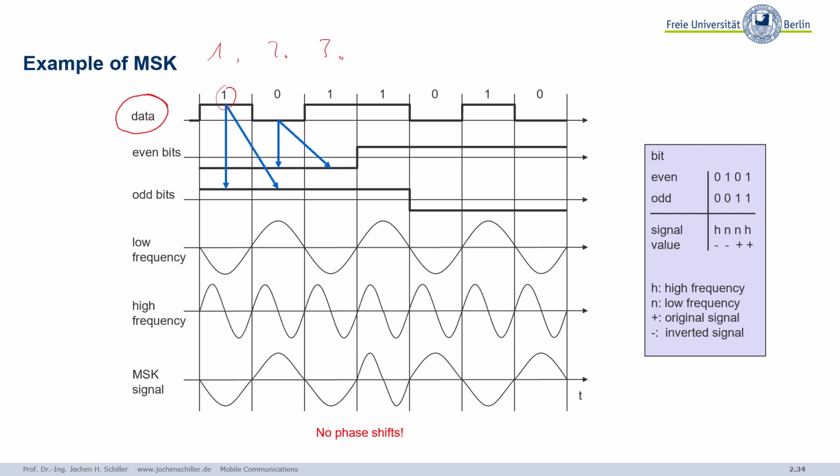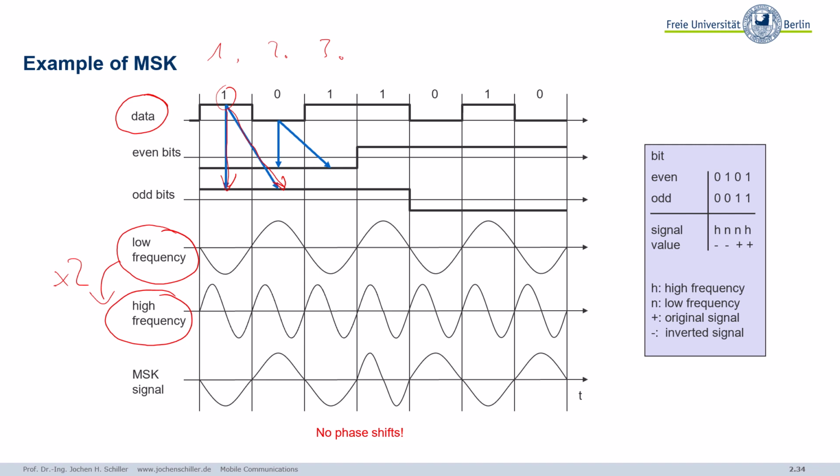Then we use this bit and we double it. So basically double all the bits, and then we know we have 2 frequencies, one low frequency and a high frequency, which is exactly double the low frequency.